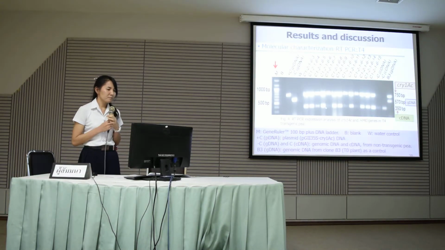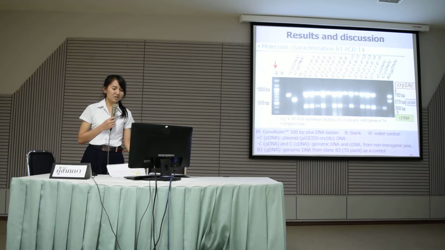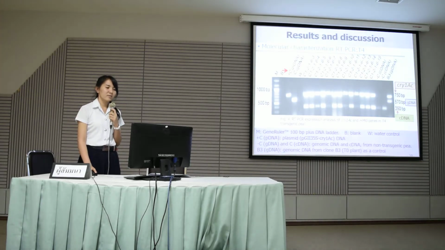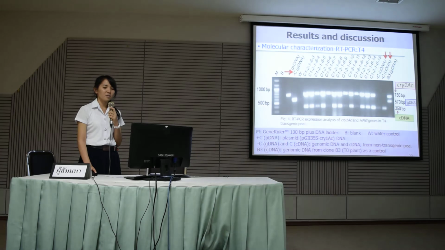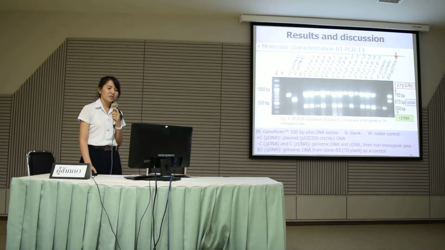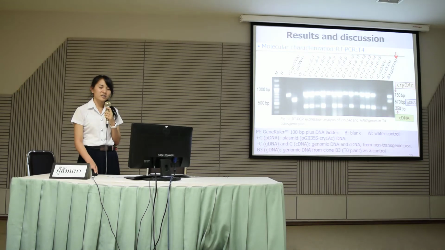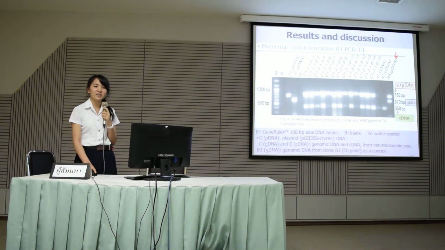M is marker, and B is blank and water control. Positive control is plasmid DNA. Negative control is gDNA and cDNA from non-transgenic P, and VT is genomic DNA from generation 0 of transgenic P as a control.